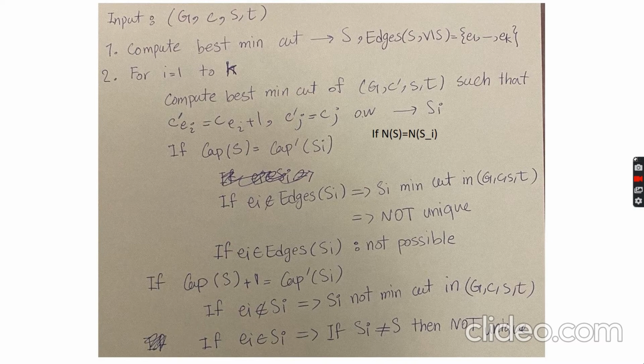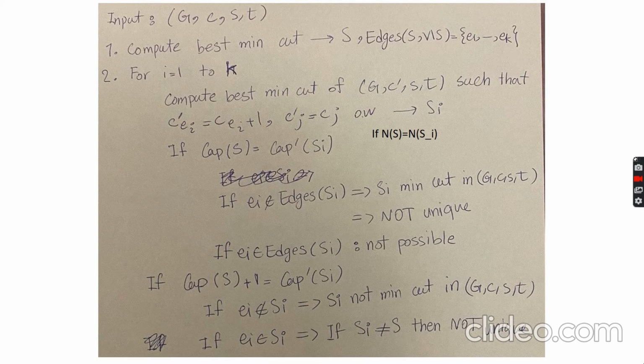Let's say EI is the edge that the other best min cut does not have and S has. So we're claiming that in that case, that min cut is going to be found in this iteration. So in this case, you will be finding another best min cut in this increased graph.